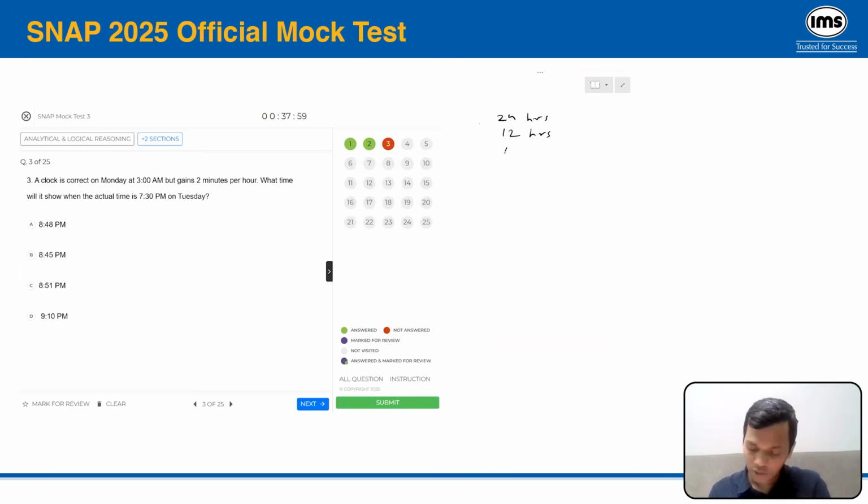And from there on, it is going to be another 4.5 hours. Correct. So we are basically looking at 40.5 hours. And that much time it will have to gain. So 2 minutes per hour, so it is going to get basically 81 minutes of gain. So 7:30 plus 1 hour, that will be 8:30. 8:51 should be the time.